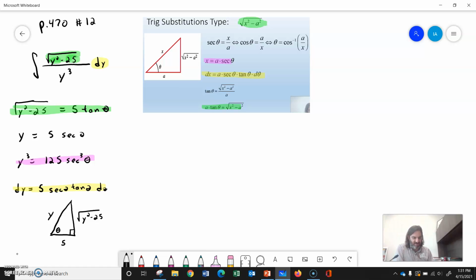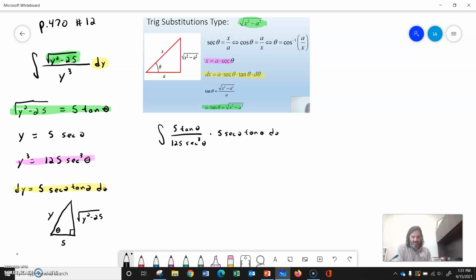Alright, so making these substitutions, we'll have the integral of 5 tangent theta on top. On the bottom where the y cubed was, we'll have 125 secant cubed theta. And then we're going to replace the dy with 5 secant tangent d theta.